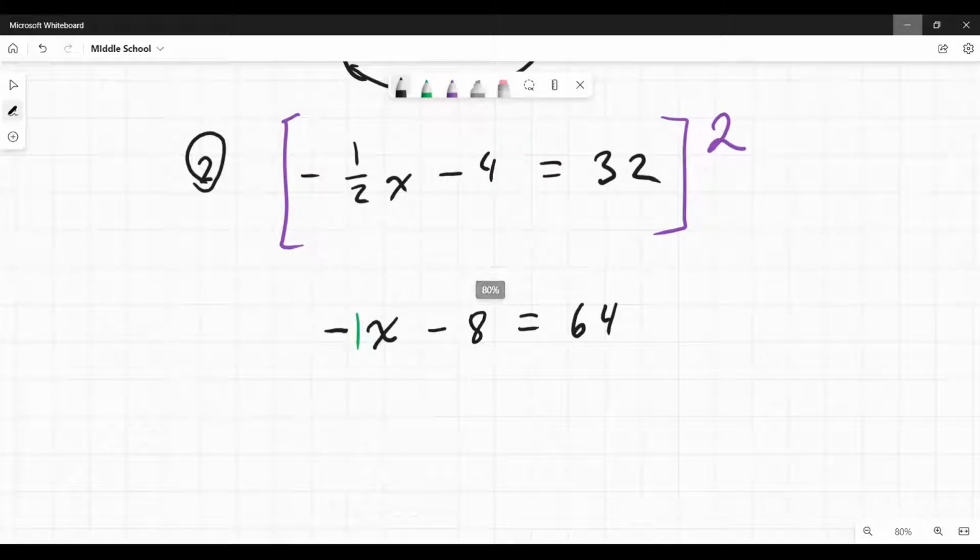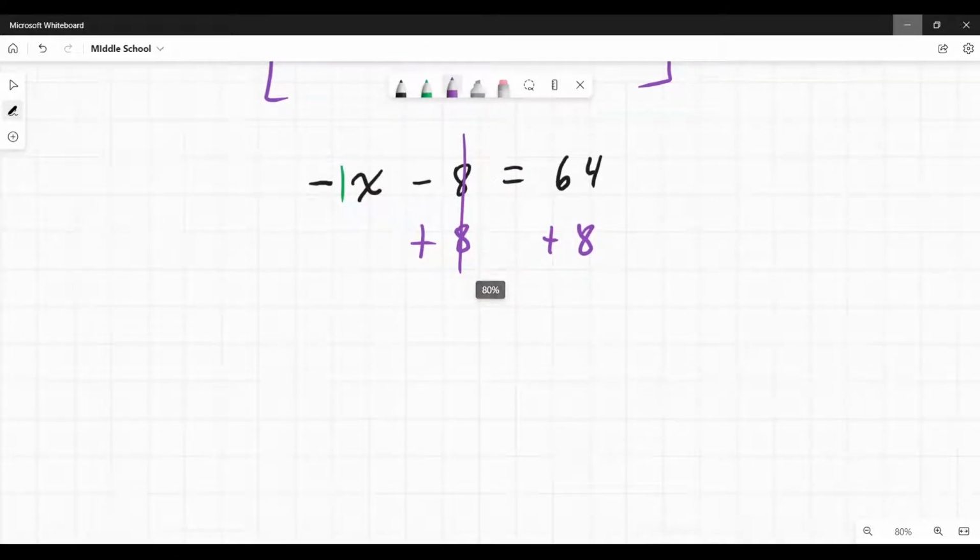What are we going to do next? Add 8 to both sides. Okay. What's going to come down now?